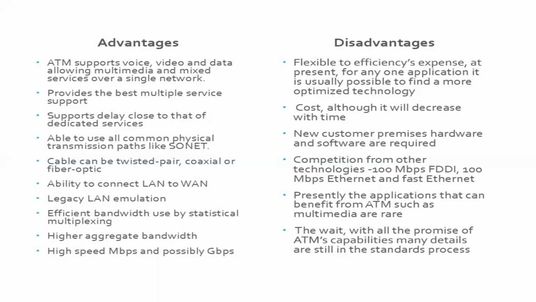Ability to connect LAN and WAN, local area network and wide area network, both are connected. Therefore, ATMs can be used even for international transactions, because WAN is also possible to connect through these advanced ATMs. Legacy LAN emulation provides the services of international ATMs.